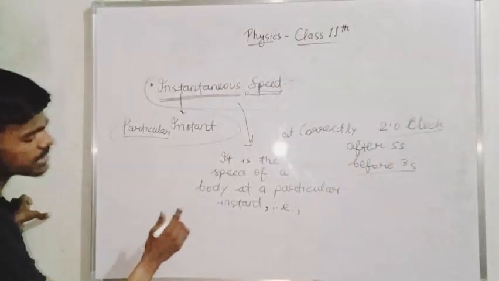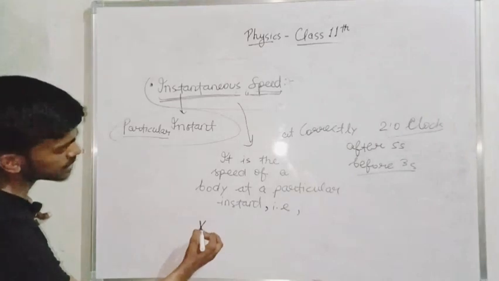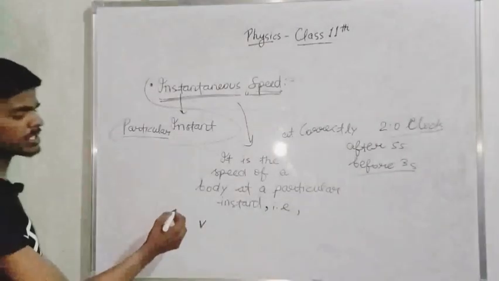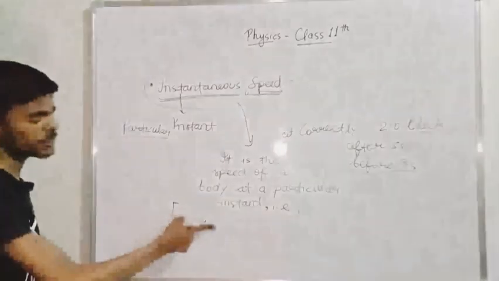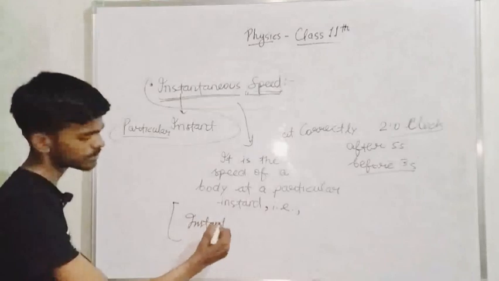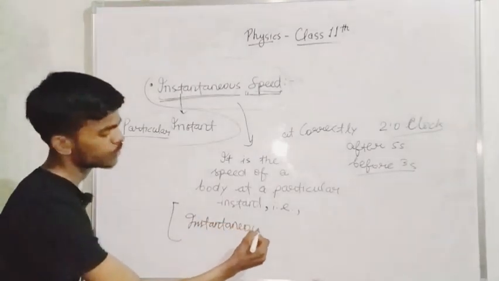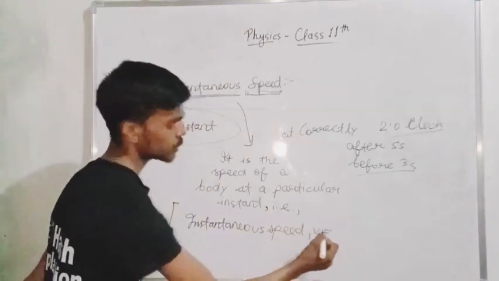The instantaneous speed is written with the same symbol, the symbol V, because it is a scalar quantity. So we write instantaneous speed V equal to what?